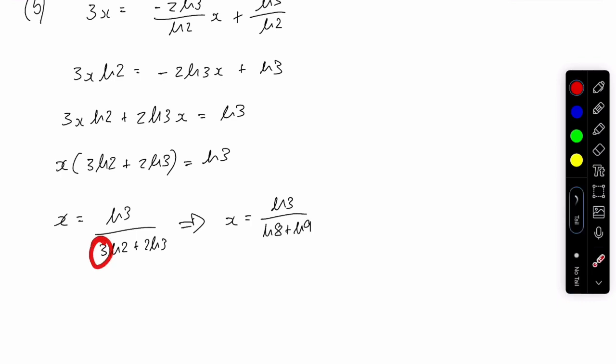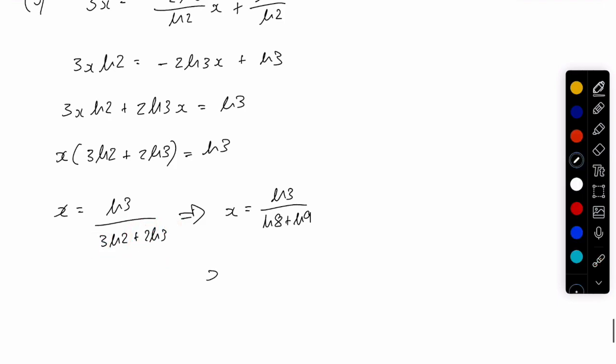Because the 3 here is going on top of the 2, 2 to the 3, and the 2 here is going on top of the 3, 3 to the 2, so 8 and 9 respectively. And so as a result, x equals ln 3 over ln 72. That's going to be your final answer for B.